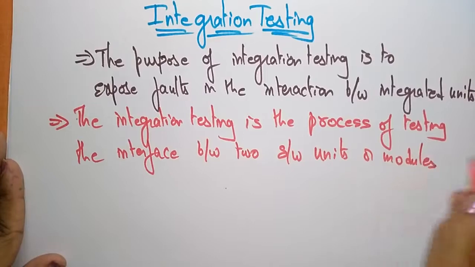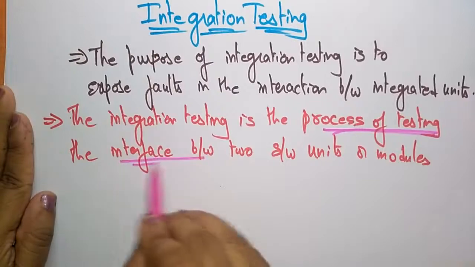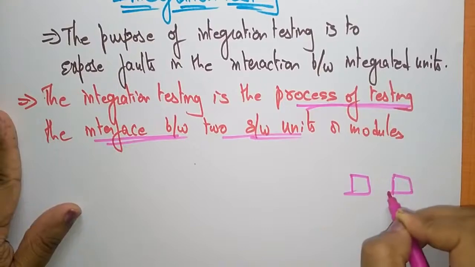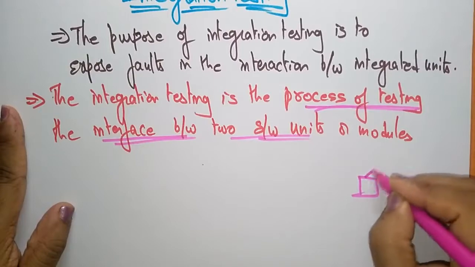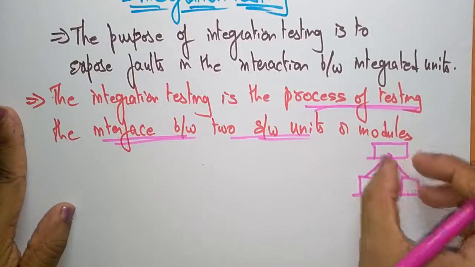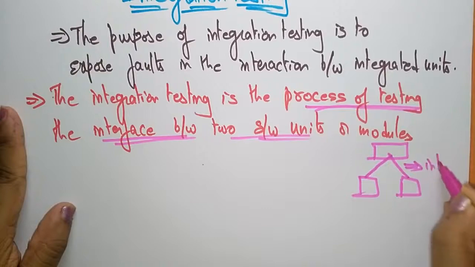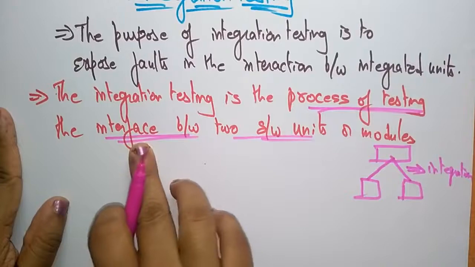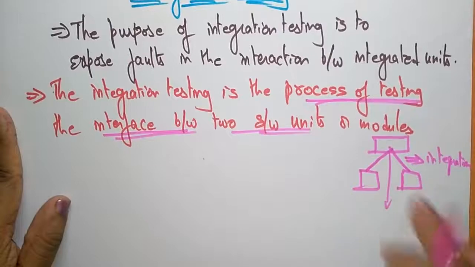Here two software units are there, so the testing that is done on the interface between two software units. These two interfacing units are combined and clubbed into one module, so here we are performing integration testing. The process of testing the interfaces between two software units or modules.